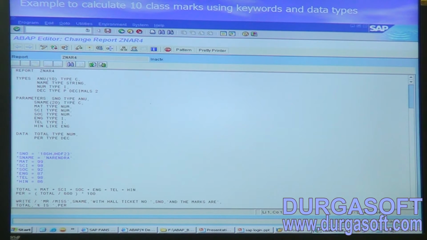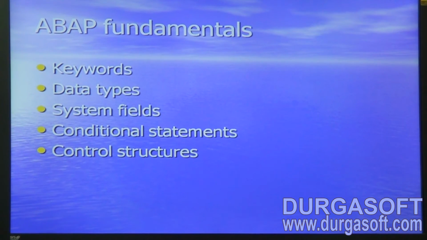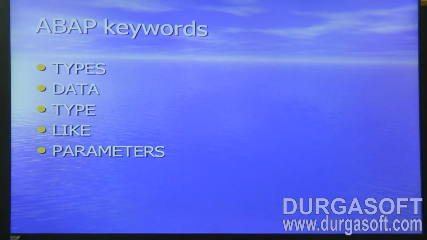The first example we are doing here is an example to calculate the 10th class marks using the keywords and the data types. The keywords of SAP are types, data, type, like, and parameter.